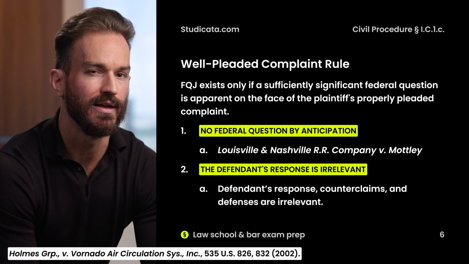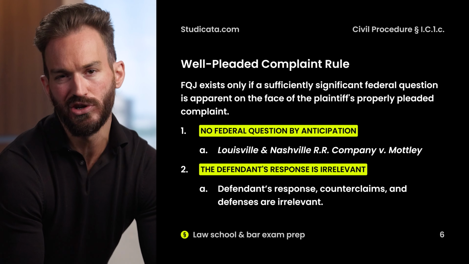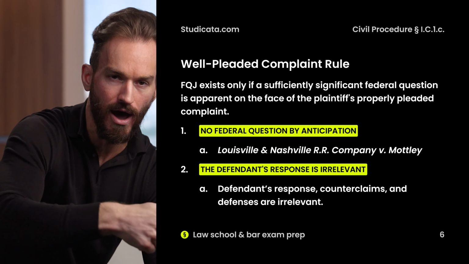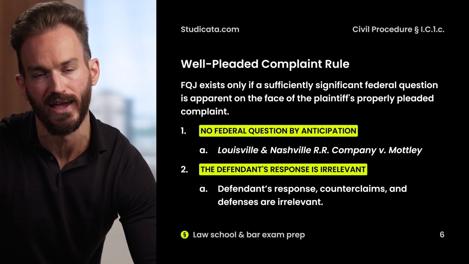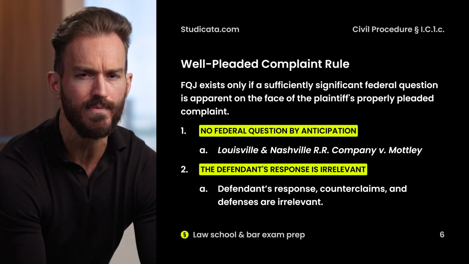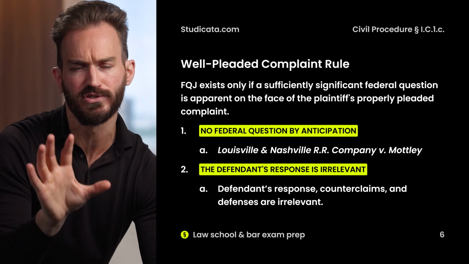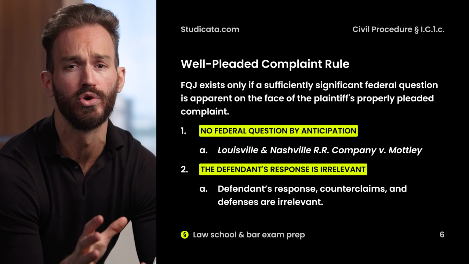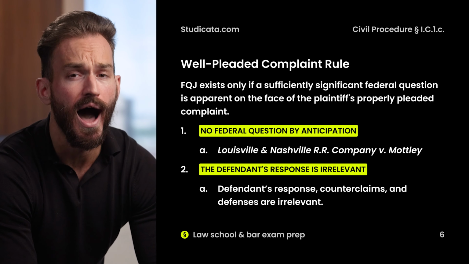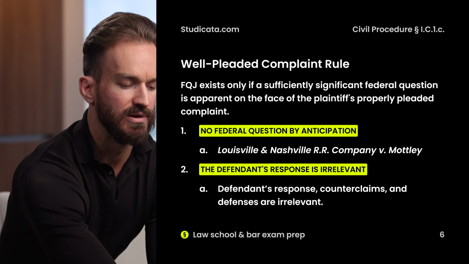It's to make sure that a plaintiff who wants to file a state law claim in state court can do so without having the risk of a defendant just countersuing based on federal law and moving it over to federal court. And I know we haven't discussed removal at this point, but we can just accept that's kind of the rationale behind this. We'll discuss removal and how that works in more detail in a future lesson. That's just some of the reasoning behind the well-pleaded complaint rule from the United States Supreme Court.